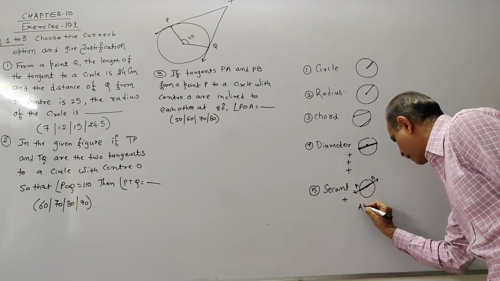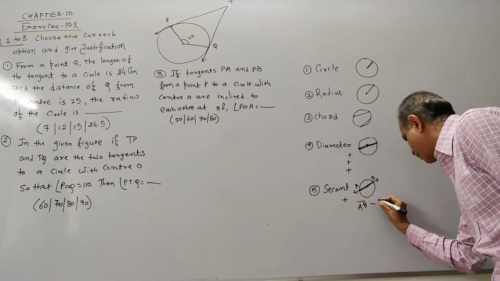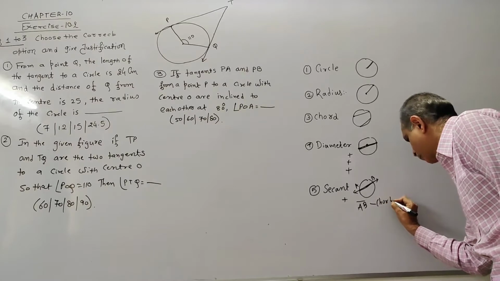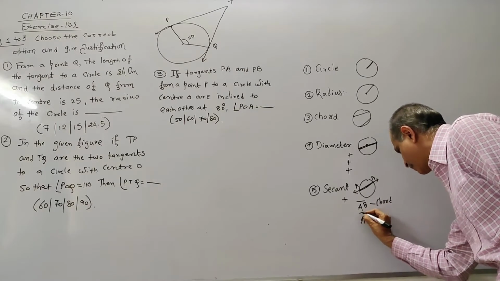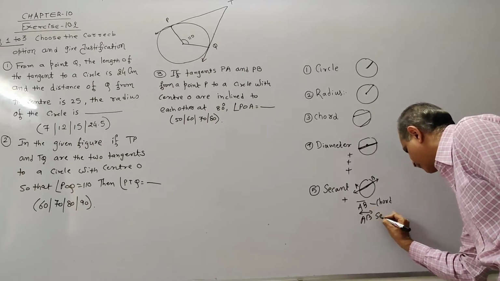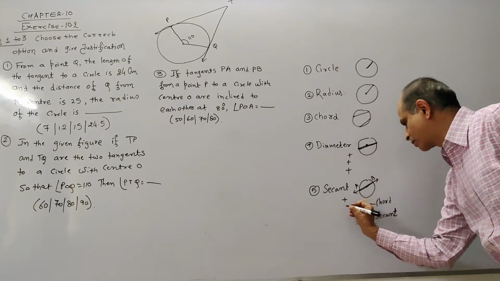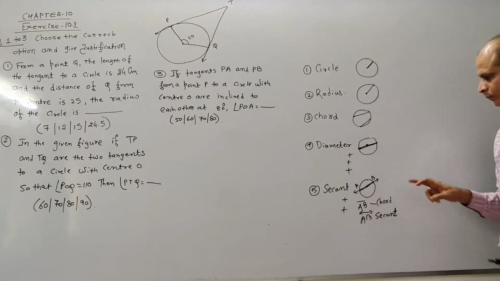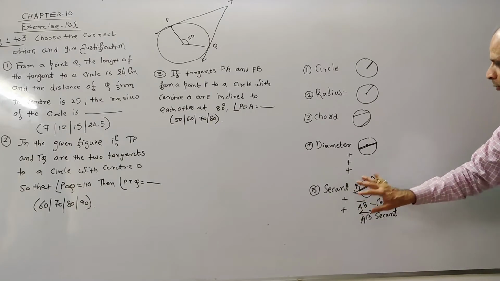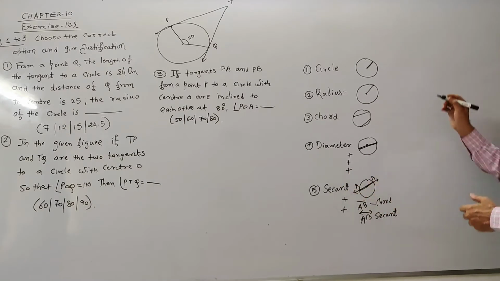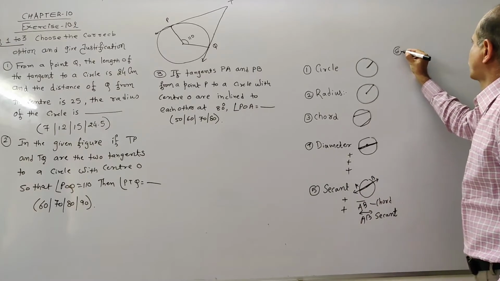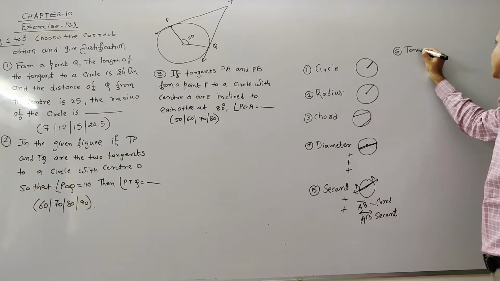So if you write AB as a line segment, it becomes a chord. But if you write line AB, then it becomes a secant. That's why we can also write one another definition of secant: a line containing a chord is known as a secant.